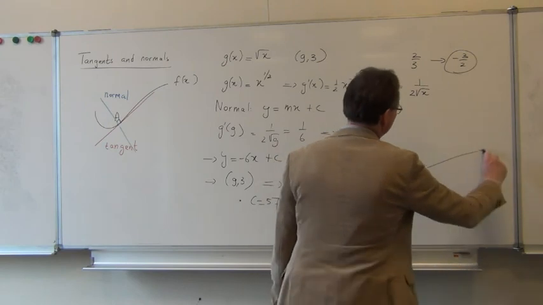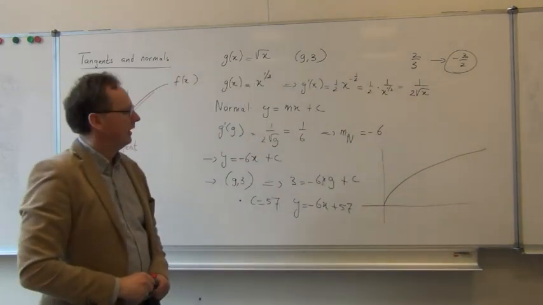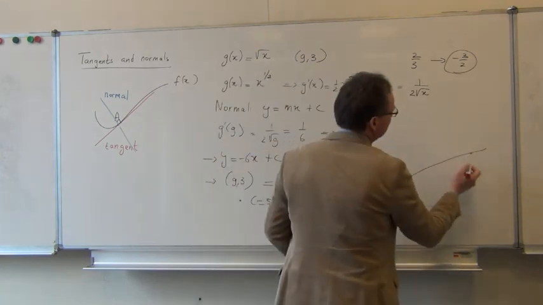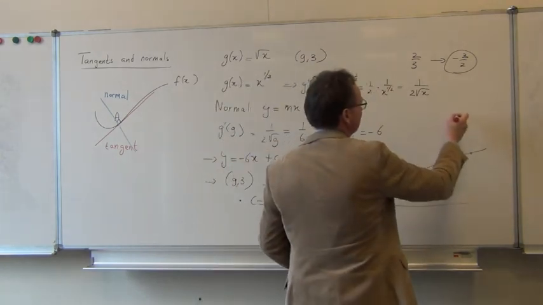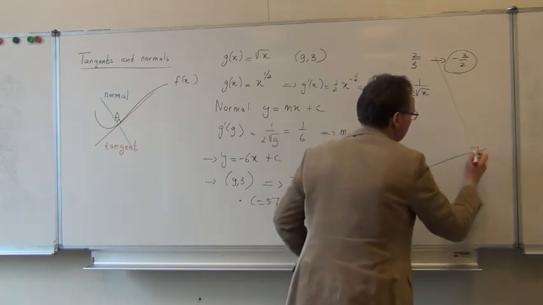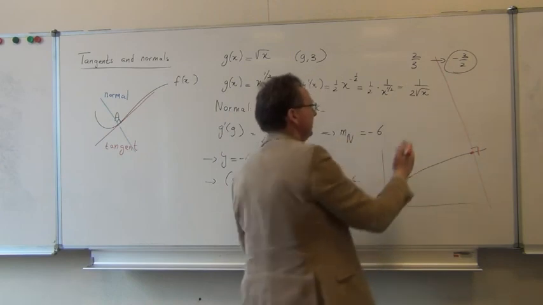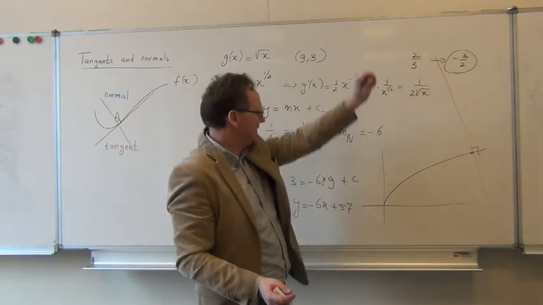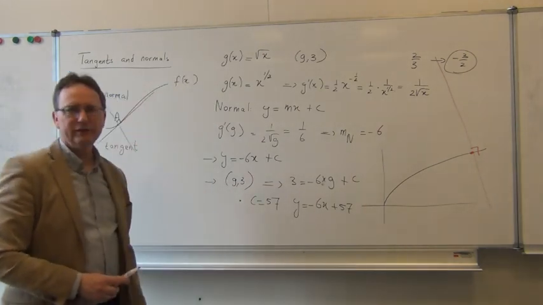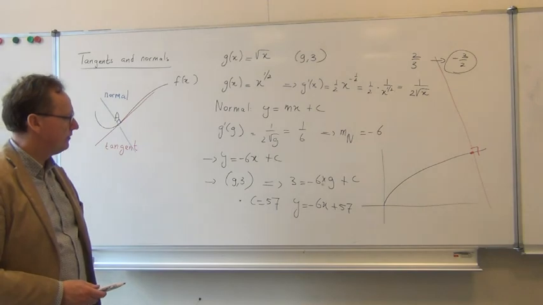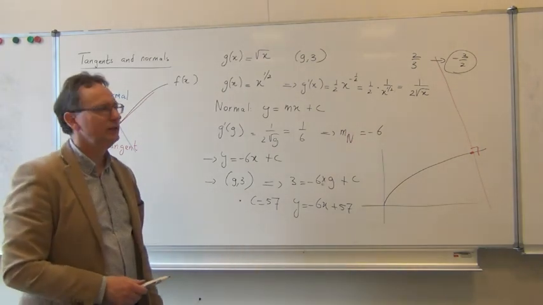We know that root x is this shape, and then (9, 3) is the point, and then the line, the normal, is perpendicular with slope minus 6, so it will intersect the y-axis somewhere at 57. So this is showing how you can find the equation of the tangent and the normal.